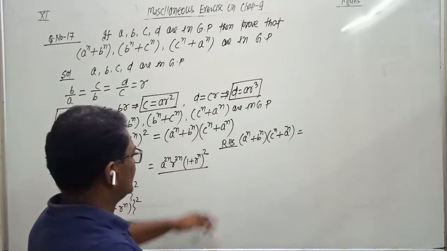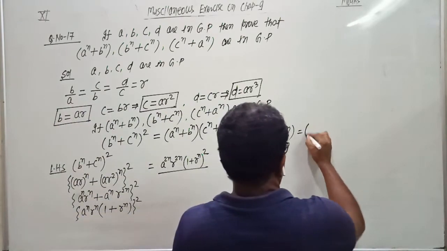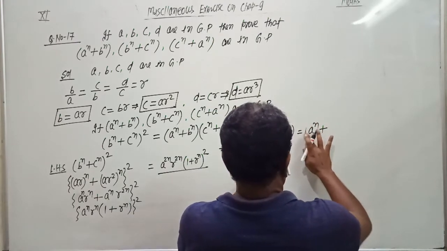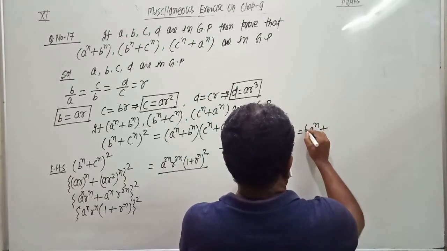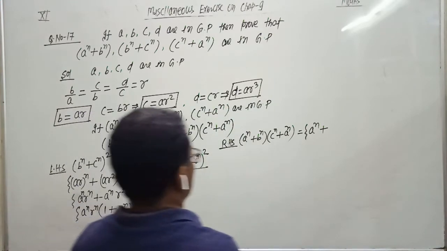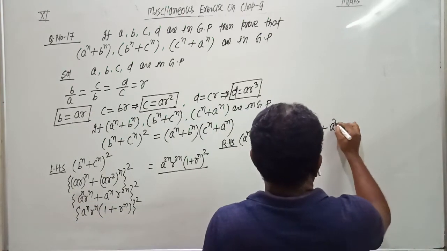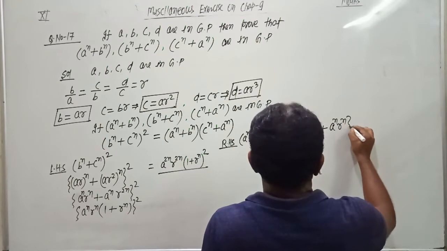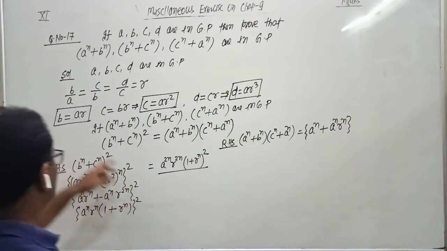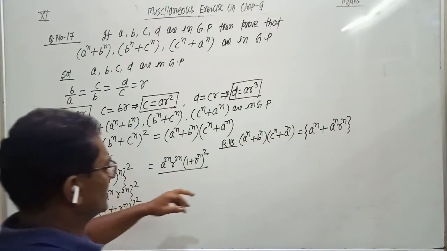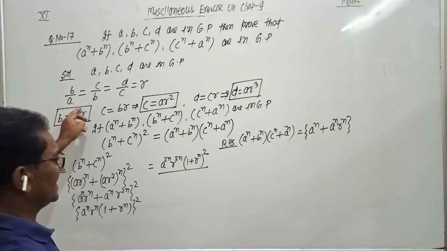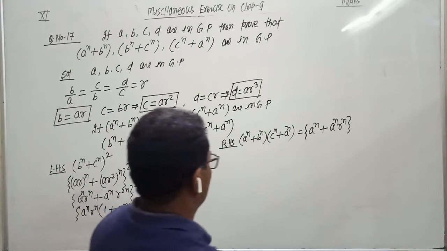The value of A is as it is, and the value of B is A into R, so B raised to the power n will be A raised to the power n into R raised to the power n.